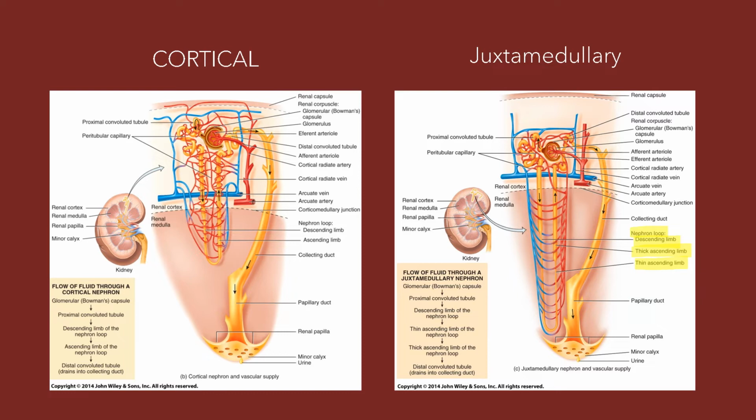Now the lumen of the thin ascending limb is going to be the same as in other areas of the renal tubule. It's only going to be the epithelium that's thinner. Again, remember that nephrons with these really long nephron loops enable the kidneys to excrete very concentrated urine, but it also allows the kidneys to excrete very dilute urine as well.